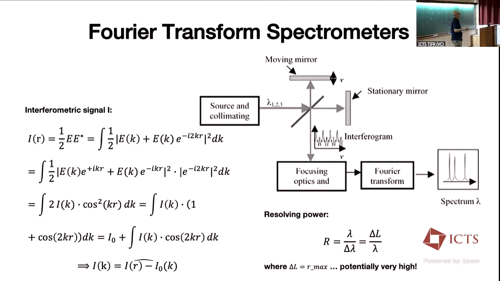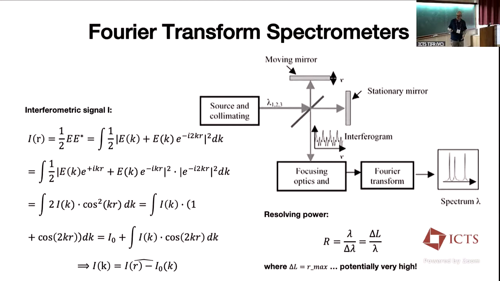This is the mathematical form of a Fourier transform. So if you want to get the spectrum I of K, of the wave number, you just have to invert this. From the interferogram, you scan the mirror, you record the interferogram, you Fourier transform it, that's why it's called Fourier transform spectrometer, and you get the spectrum.